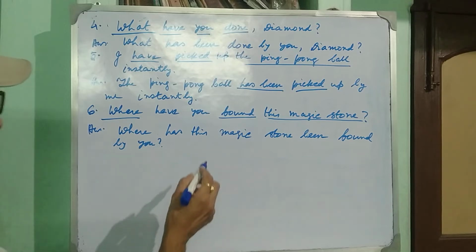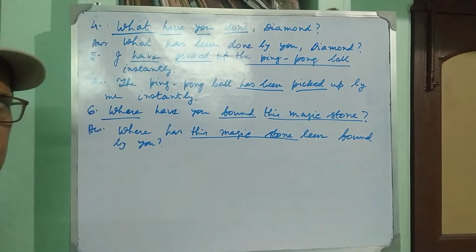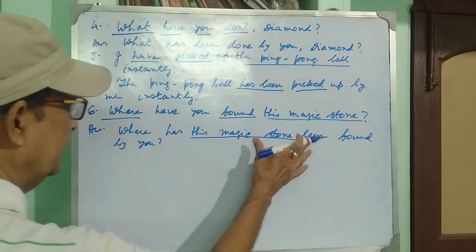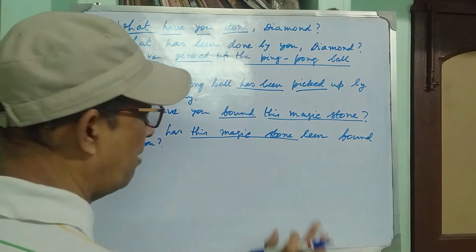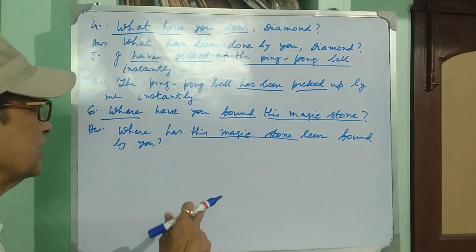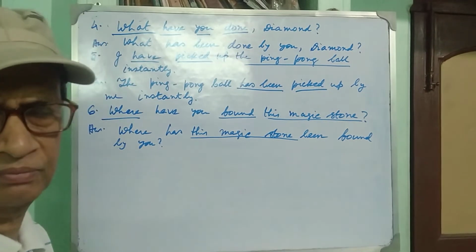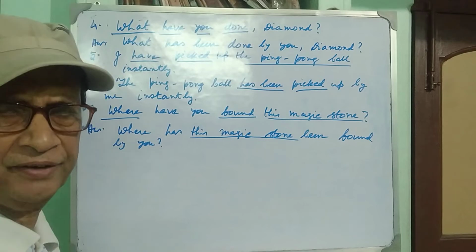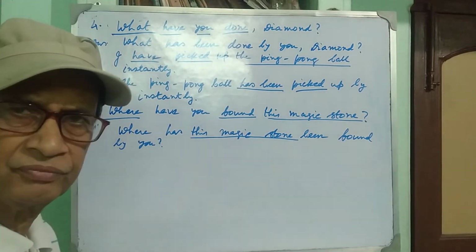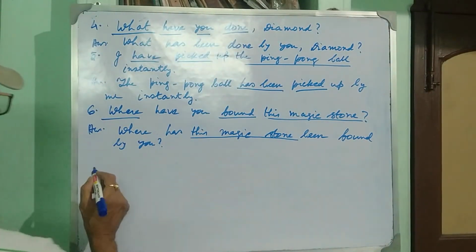You see the style of writing. The object, which has become the subject, this magic stone, splits has and been and sits in the middle. Where has been the magic stone found by you? It is also the correct form. But I say that you should write in this manner: Where has this magic stone been found by you?